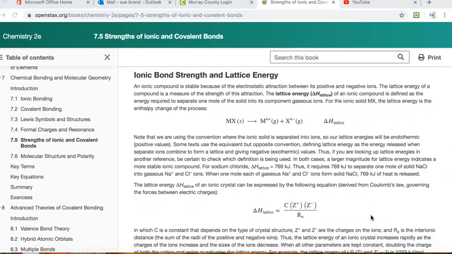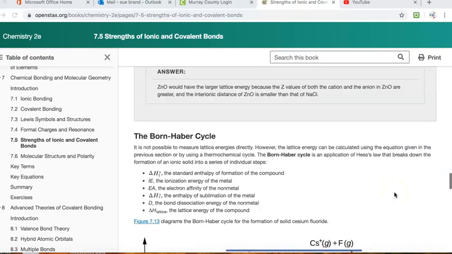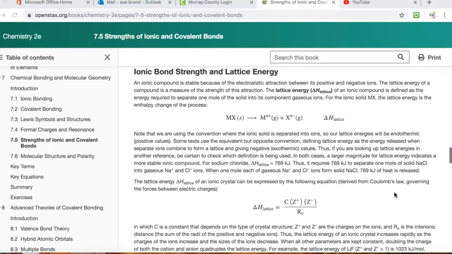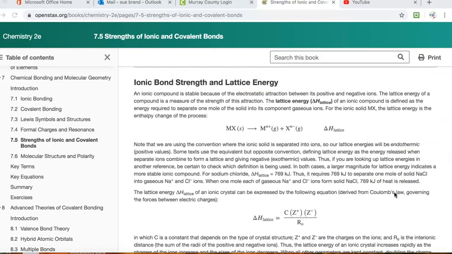Okay, the next topic we're going to talk about, I think that's the last, no, there are 2 more topics. The next topic we're going to talk about in this section is ionic bond strength and lattice energy. So we talked about bond energy for covalent bonds. Now we're going to talk about the energy that exists between ions when they form an ionic bond, and that's referred to as lattice energy.